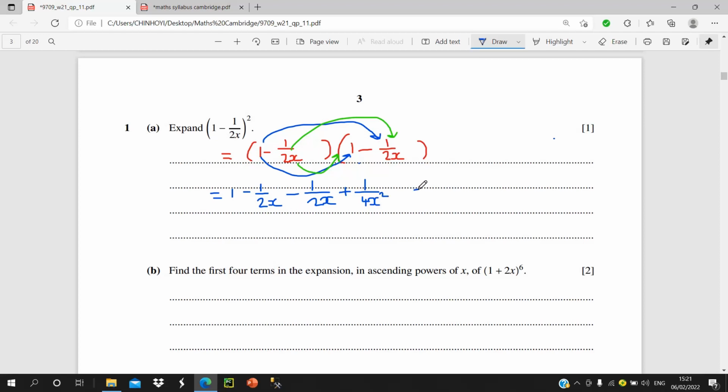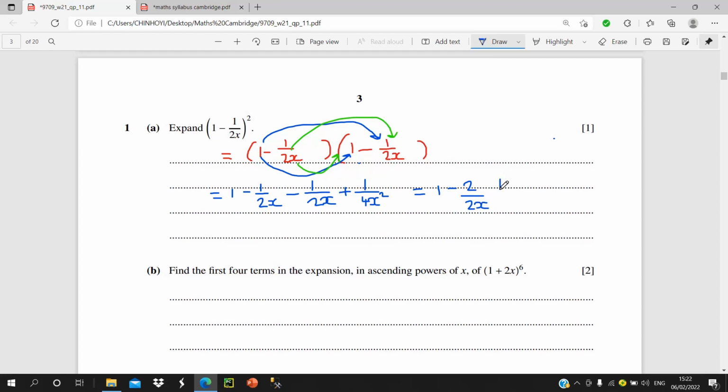So we can simplify. Here we have 1, and here we have minus 1 over 2x, again minus 1 over 2x. Since the denominators are the same, you just simplify your numerators. So it will be minus 2 over 2x. You just simplify the numerator since the denominator is the same.